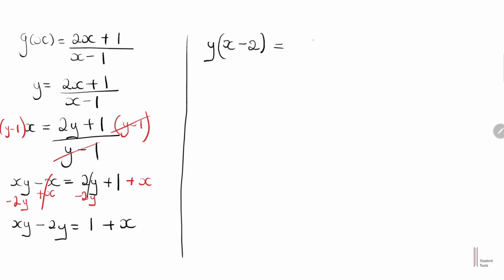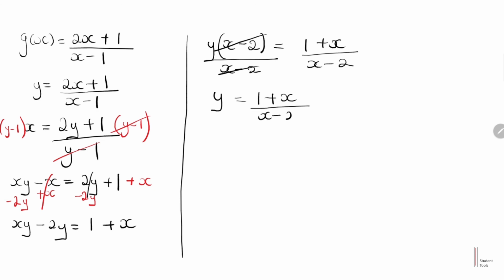All this is equal to 1 plus x. We're not changing anything on the other side of the equal sign. So to make y the subject, we will have to divide by x minus 2, and also divide by x minus 2 on the right hand side. So this will cancel this, such that y will be equal to 1 plus x over x minus 2.